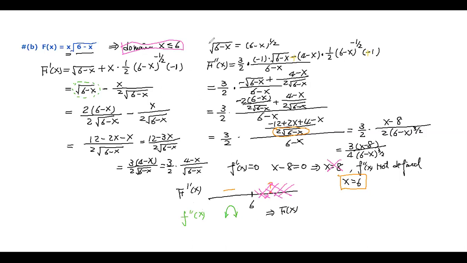Okay, so now I know that the capital F of x is concave down, right, from negative infinity to 6. And because it's always concave down, there is no inflection point.